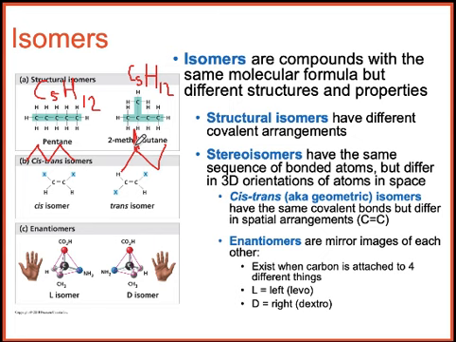Enantiomers are mirror images of each other. Okay. They exist when carbon is attached to 4 different things. Okay. So enantiomers are basically, you can orient these carbons in different ways. So they're mirror images, right? So some of them will have at the bottom hydrogen, methane, NH3, right? And on the other one, it's flipped.